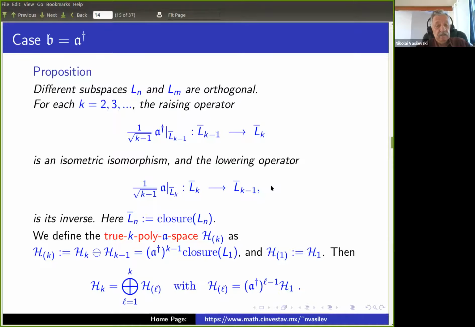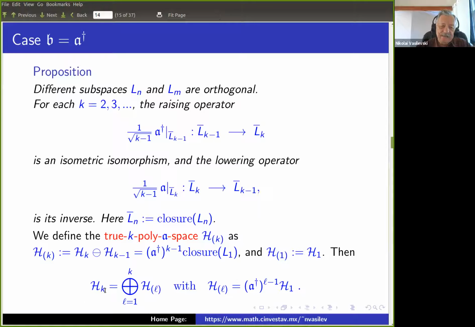Now we can define the true k-Pauli spaces, again in the same manner. It is just the direct difference between the spaces Hk and Hk minus 1. What is interesting here is that now, because of the orthogonality given by the proposition, it would be just the closure of the k minus 1 power of A dagger applied to the initial space L1.